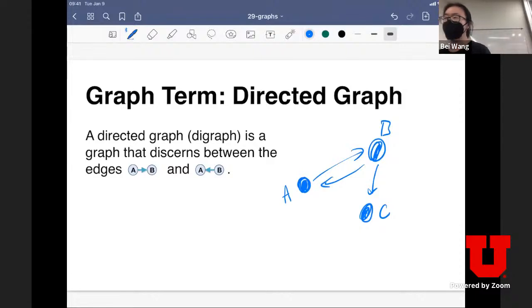A is linked to B, and B is linked back to A. A is linked to B, B is linked to C, C is linked to D, and maybe D and A are also linked with one another.